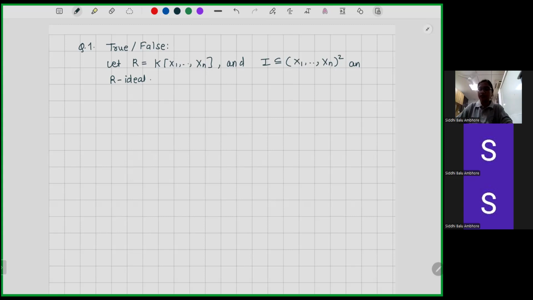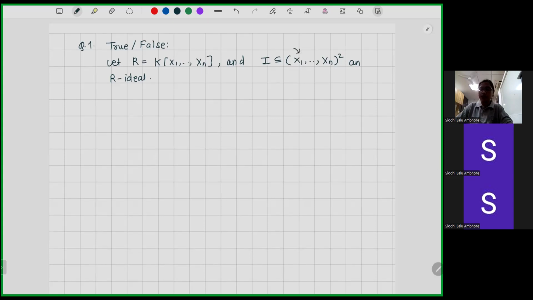This ideal contains all the elements of the form xi^2 and xi times xj, for i not equal to j.